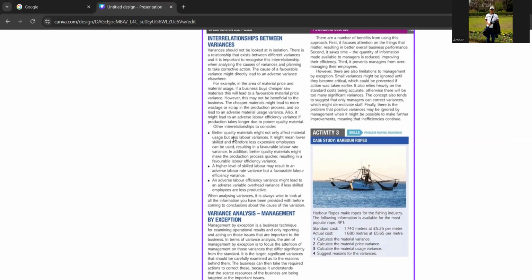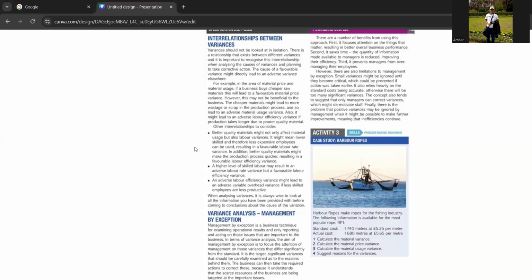So if they use better quality material, the labor rate variance is favorable, right? Sometimes lower skilled labor is used, and then it will lead to an adverse labor efficiency variance, right? Yeah. Can you understand? One is favorable, one is adverse. And therefore less expensive employees can be used.